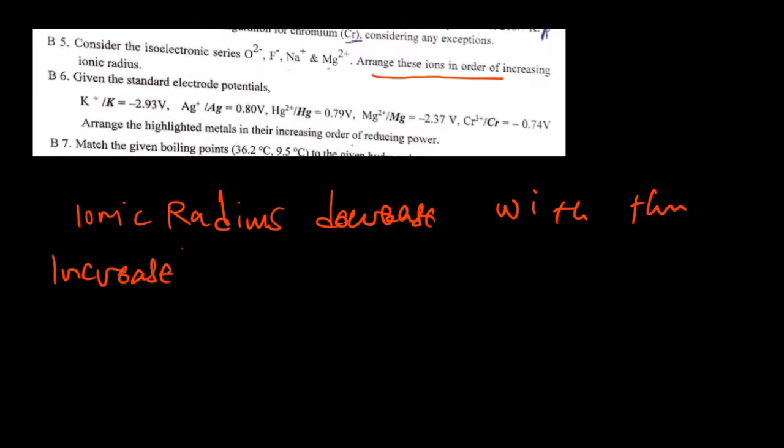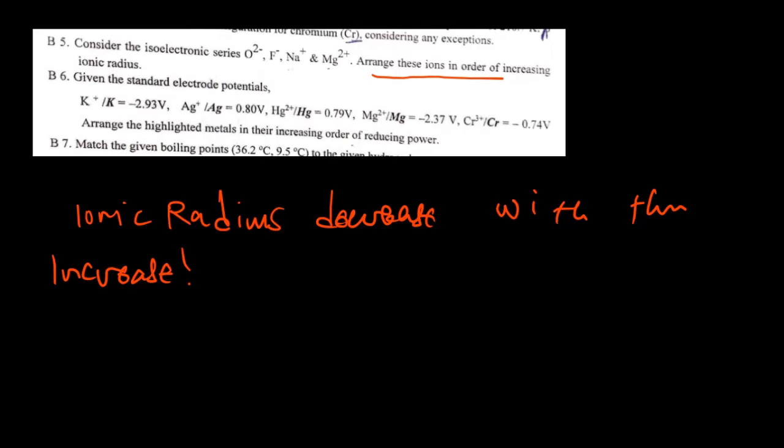So what does this mean? It means that the ions with a greater positive charge will have a smaller radius, and then the anions with a greater negative charge will have the largest radius.